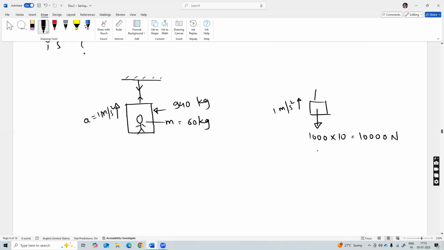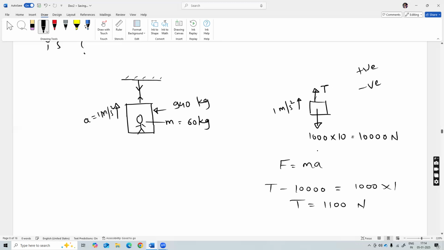Let's say T is the tension. Since the lift is going upward, let's consider forces in upward direction as positive and forces in downward direction as negative. If we solve F equal to ma, then T minus 10,000 is equal to ma. Here m is 1000 kg and a is 1. So you get tension is equal to 11,000 Newton.